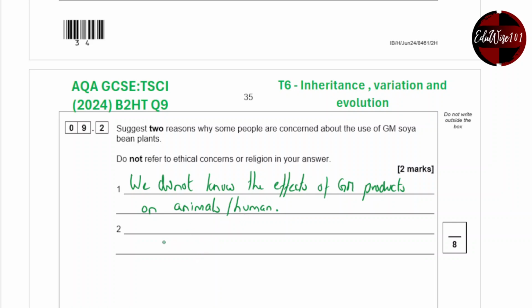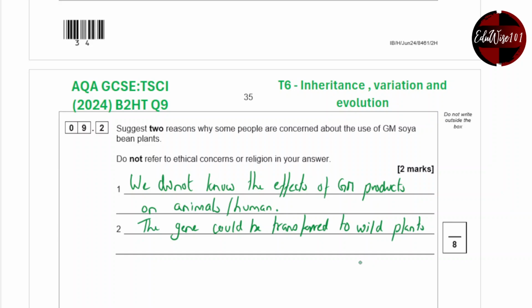Right? Now, could also mean if we are more genetically modifying things, right, the gene could be transferred to wild plants.